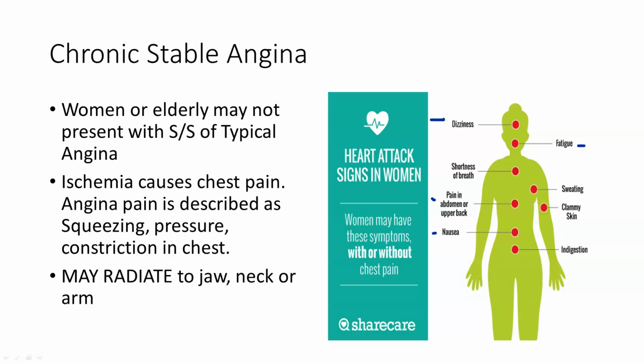If you have nausea, you are starting to think more along the lines of a true MI versus chronic stable angina. Same with sweating. Changes in your skin temperature and color, and then feelings of indigestion. Those are atypical presentations. They could have no presentations other than just basically feeling unwell, and they come into their doctors and they get a 12 lead, and we see changes in that ST segment.